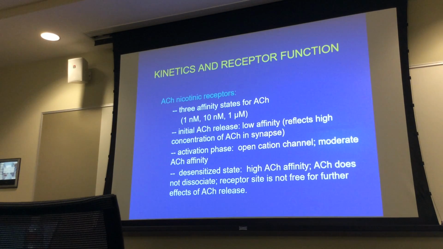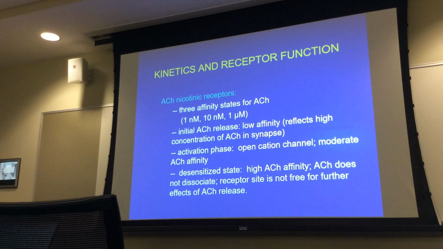And why is that? Because there's an enormous concentration of acetylcholine that's released by these nerve cells. In fact, some people have measured the concentration of acetylcholine in that synapse to be anywhere from 10 micromolar all the way up to 1 millimolar. So when you get a release of acetylcholine from those nerve cells, you're flooding the synapse, all right?